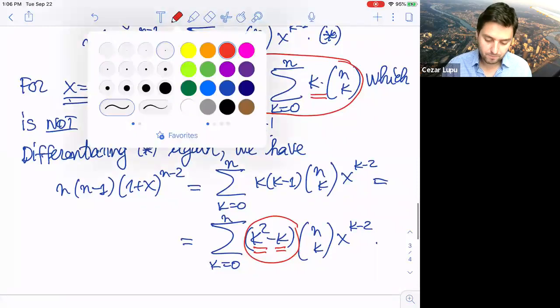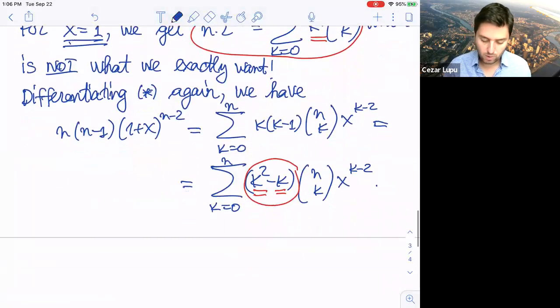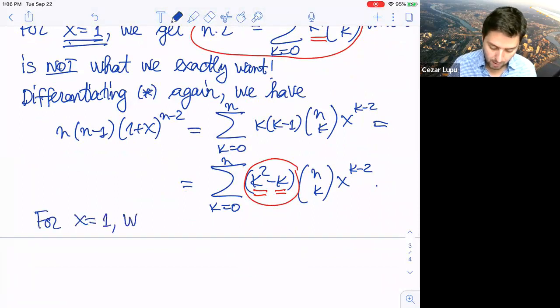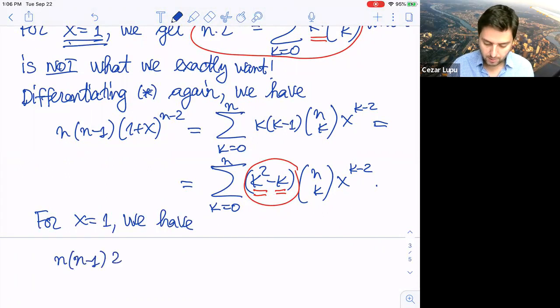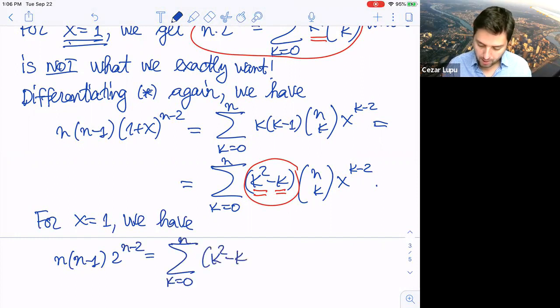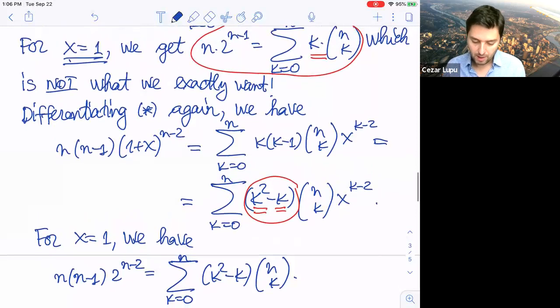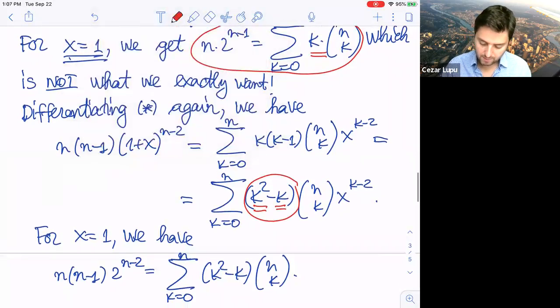And now for x equals 1, we have n times n minus 1 times 2 to the power n minus 2 equal to the sum of (k squared minus k) times n choose k, right? So we have this. Now let me circle this.